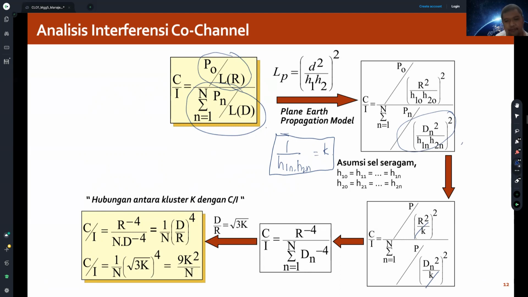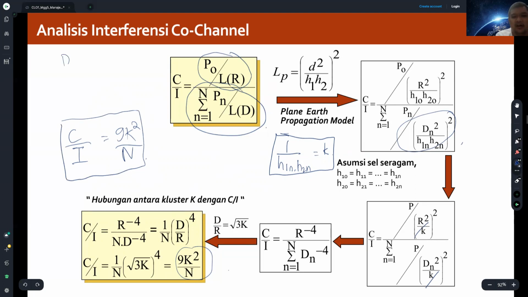Okay. Now, we are going to learn later that the value of D per R will be equal to root of 3 times K. So the carrier to interference level will be equal to 9 times K quadrat per N. So in order to make it simpler, we could say that the carrier to interference will be equal to 9K quadrat per N. Now, the question is, why is the value of D per R equal to root 3 times K?